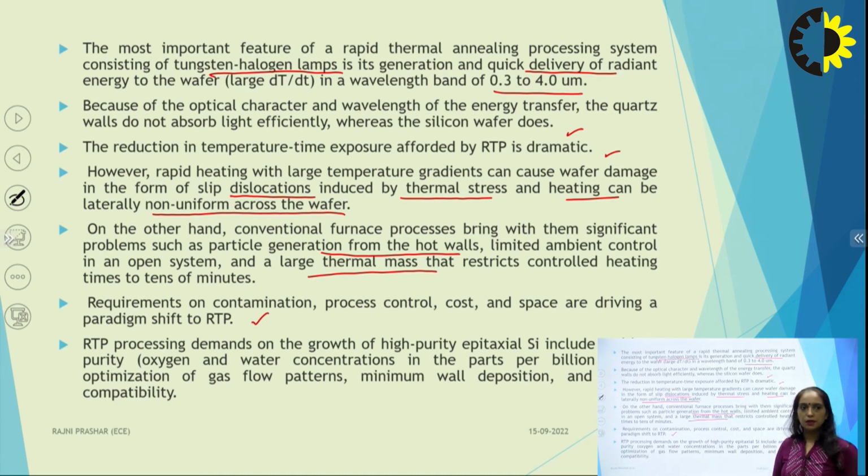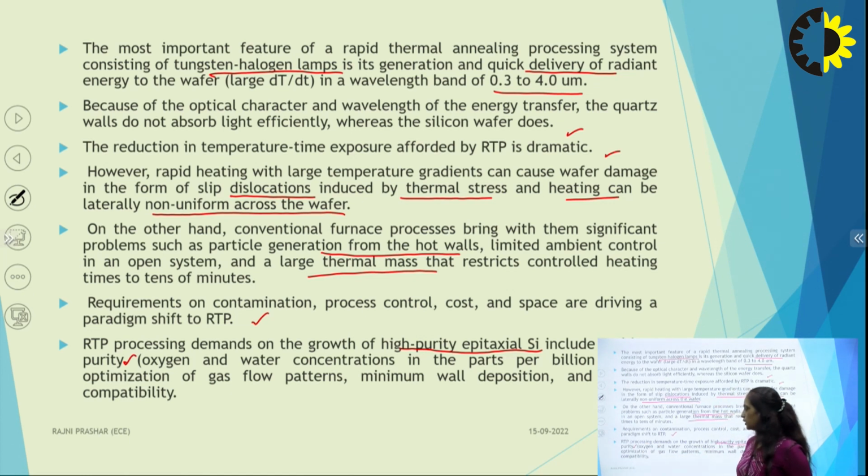This RTP process demands the growth of high purity. This system is very much in demand to grow the high purity epitaxial silicon layer, which includes ambient purity.